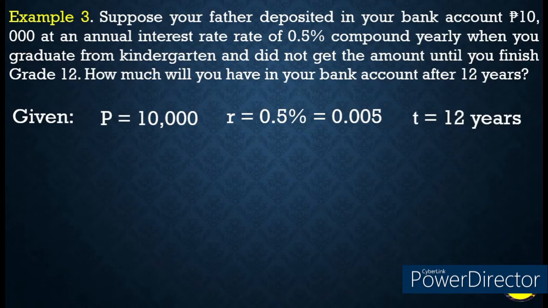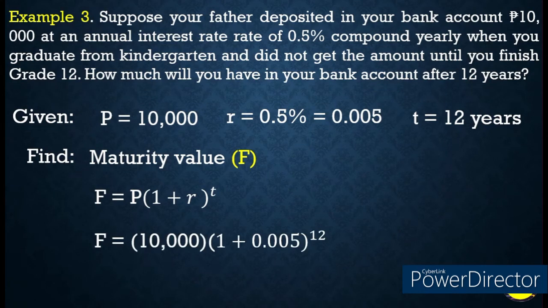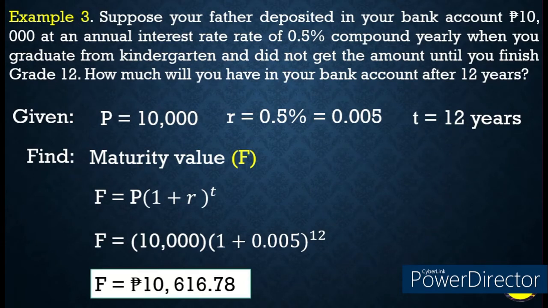So, ang hahanapin natin dito is kung magkano na yung amount ng 10,000, simula nung kindergarten siya, kung i-withdraw niya after niya graduate ng grade 12, so magkano na yung pera na yon. So, using the formula, P times the quantity of 1 plus R raised to T, that is 10,000 times 1 plus 0.005 raised to 12, the answer is 10,612.78.